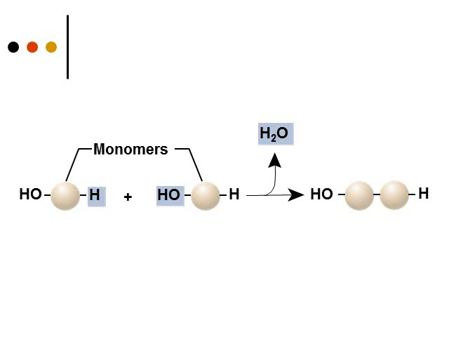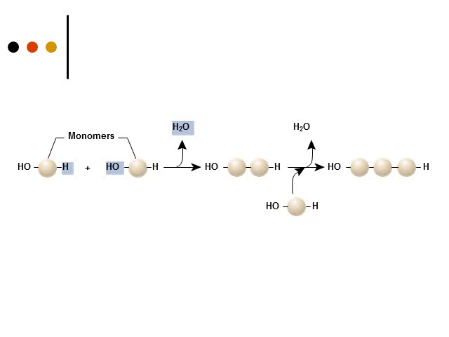Now we have the 2 white circles bonded, and you just keep on adding monomers onto your growing molecule. We take that 2 monomer molecule on the right and add another monomer to it. In the middle, you dehydrate it so you get out another water molecule up at the top.